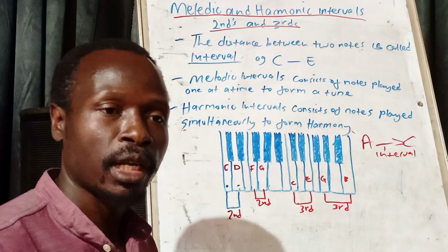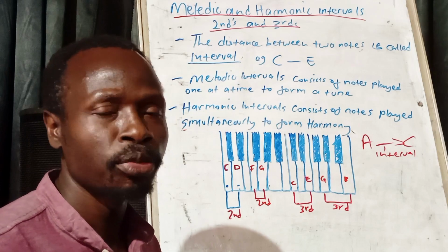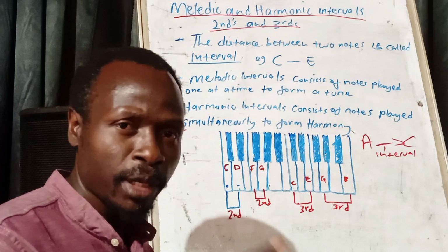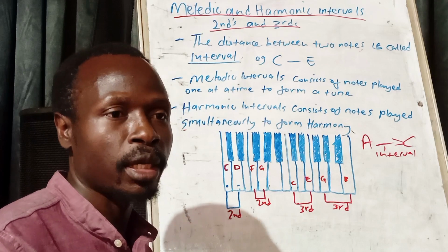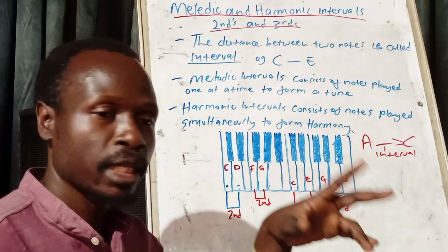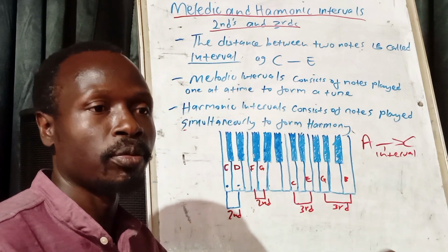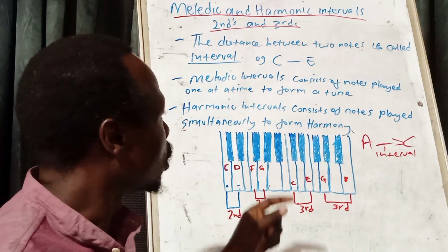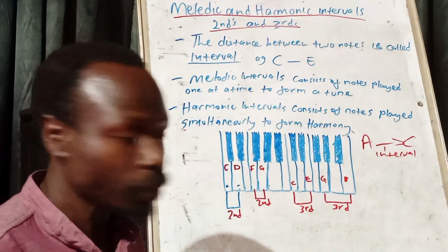If you're playing a song like "For you are great, you do miracles so great," you play the melody of the song, which is melodic interval, and then you're playing the harmonies with your left hand, trying to harmonize the melody. So that is interval.